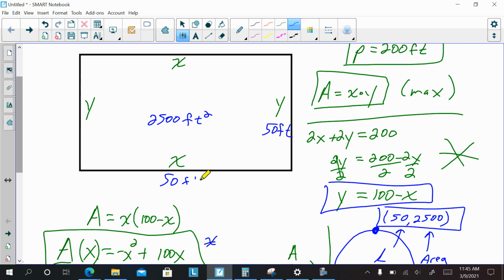Notice 50 feet times 50 feet would be 2,500 square feet. So that is the largest area we can produce using that amount of fence. We can make lots of other rectangles with that fence, but one that's 50 by 50 is going to be the largest that we can enclose.